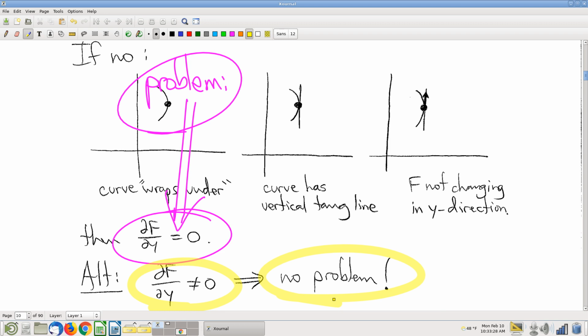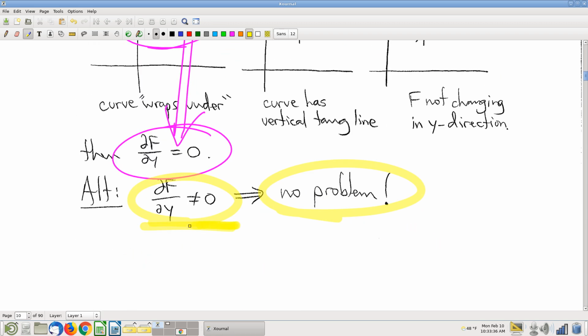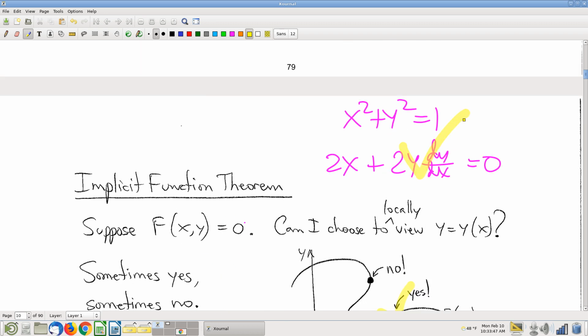Right? And so this is what we were looking for. We were looking for a way to confirm that we have no problem. And here it is. Just take the partial with respect to y, confirm that it's not 0, observe that therefore, yes, I can view y as a function of x, and then go ahead and do this. It's totally fine at that point.